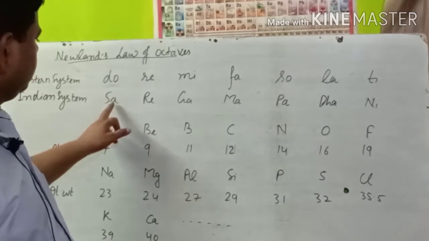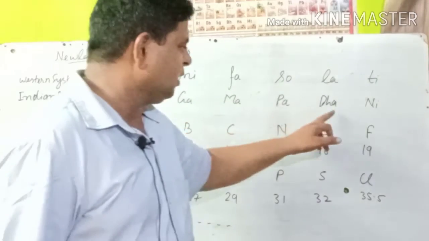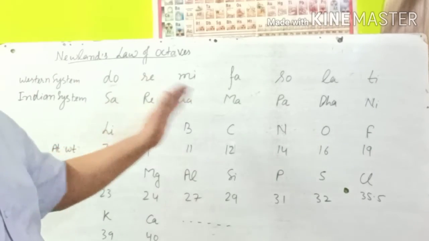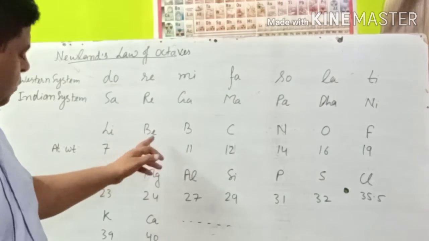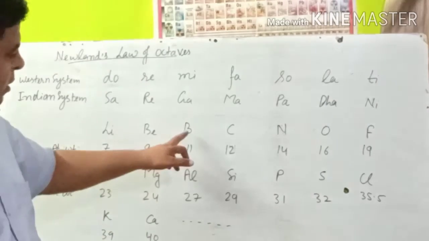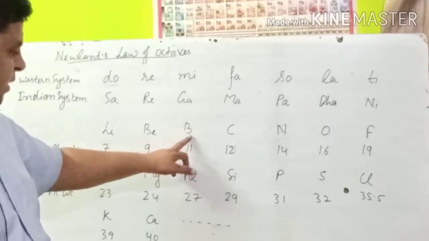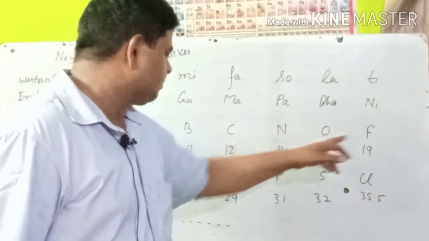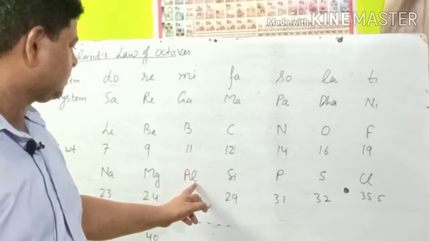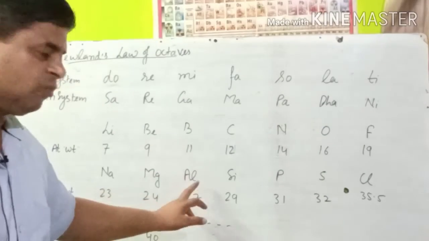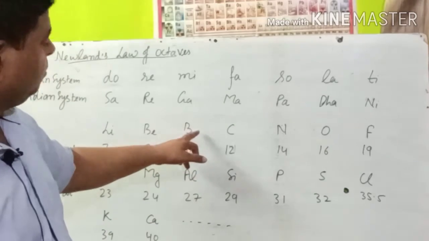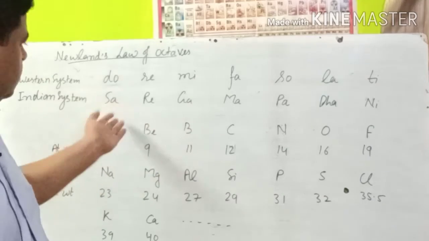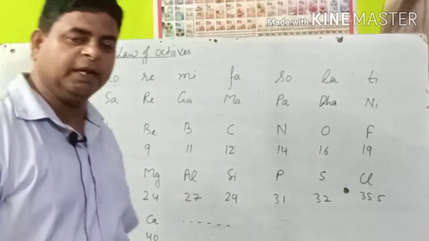You can see here sa, re, ga, ma, pa, dha, ni, and eighth is sa. In this manner you can see another example. If boron is the first element, then the eighth element will be, counting first, second, third, fourth, fifth, sixth, seventh and eighth, aluminium, and the properties of aluminium will be similar to the properties of boron. So this is Newland's law of octaves.